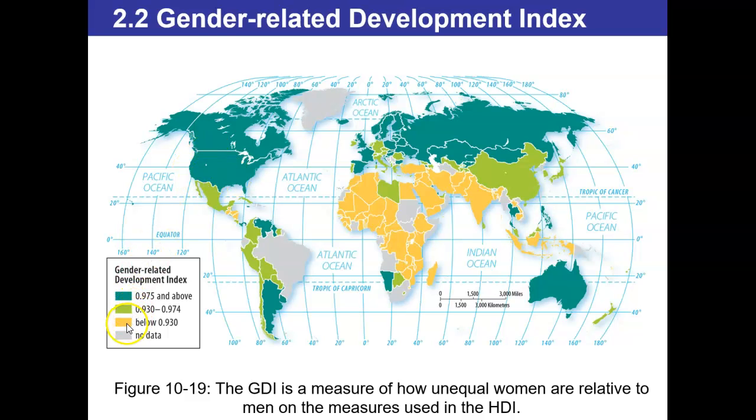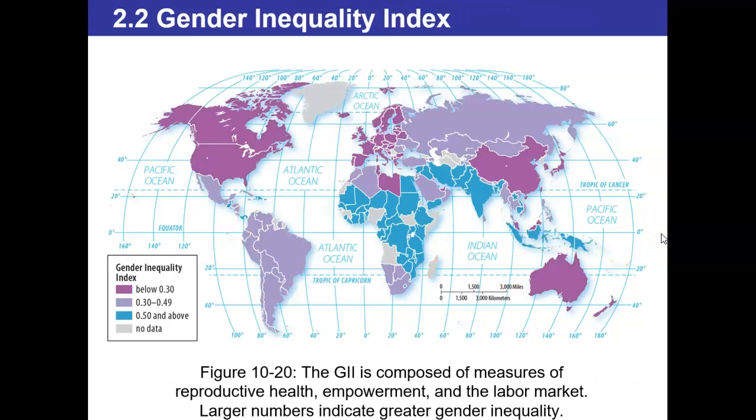Your less developed countries are going to be in yellow. Figure 10-20 will show you the Gender Inequality Index. Again, as you see here, the darker purple, the furthest away from 1, are your countries in your more developed regions, and the closer to 1 are your countries in the less developed regions.